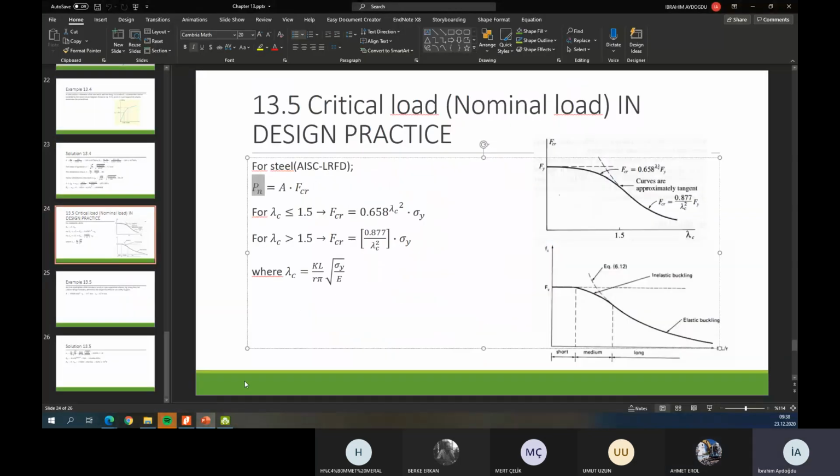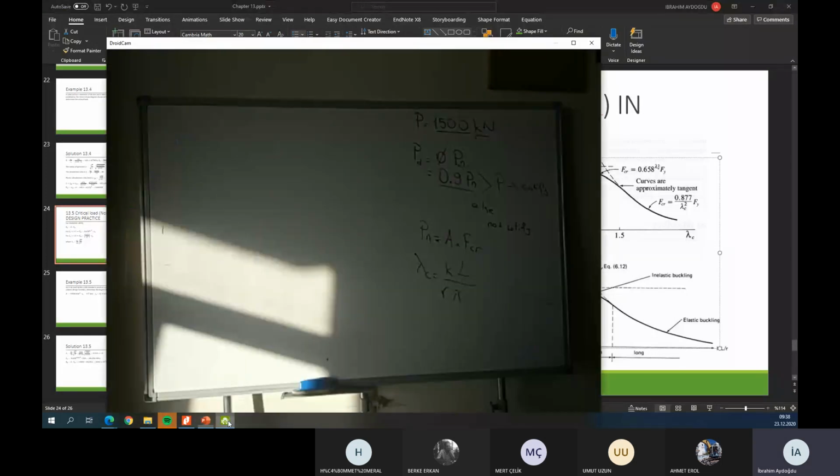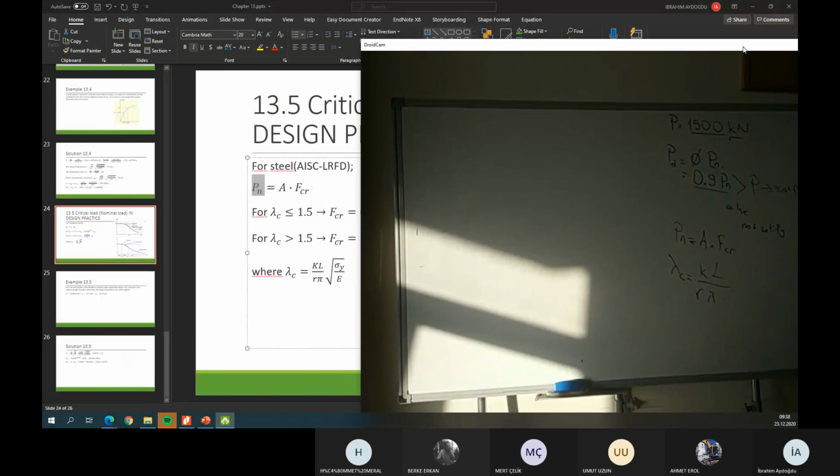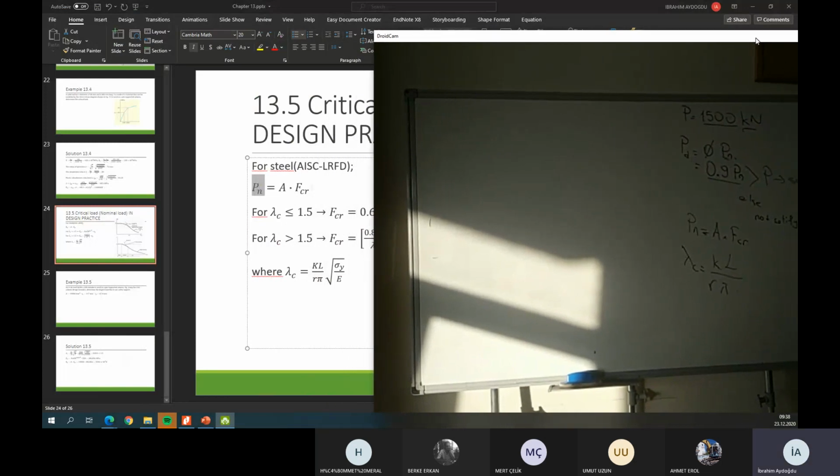That means K times L divided by r, times the square root of sigma y divided by E. Also, I can open this in here. Yes, like this.